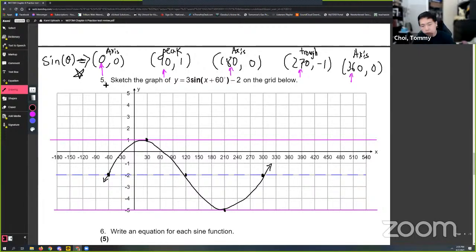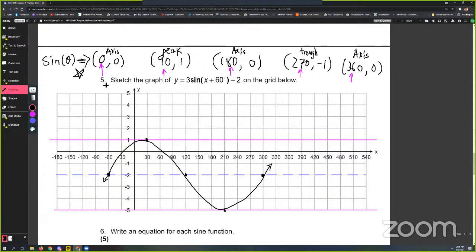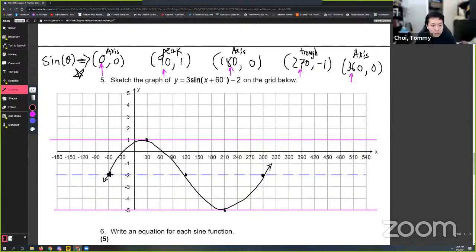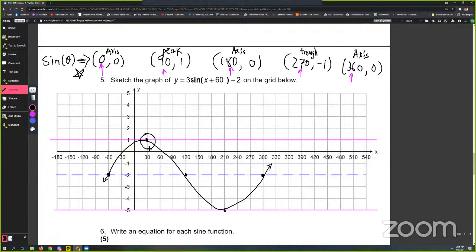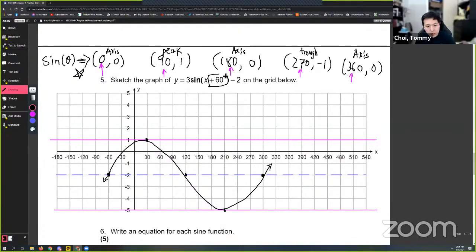Yes, Ashley. I don't know how you got the 30 and 1. This one here? Yeah, that one. So what I did was, since I moved 60 to the left, I look at the 90 and I subtract 60 because that's 60 to the left.